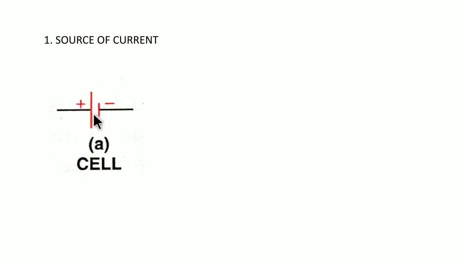So the positive and the negative terminal, that means it's only a single cell. A single cell connects with an appliance from this side and this side and forms the complete circuit, and the current passes through. The current will always move from the positive terminal, does some work in the appliance, and comes back to the negative terminal. So this is the symbol that represents a single cell.